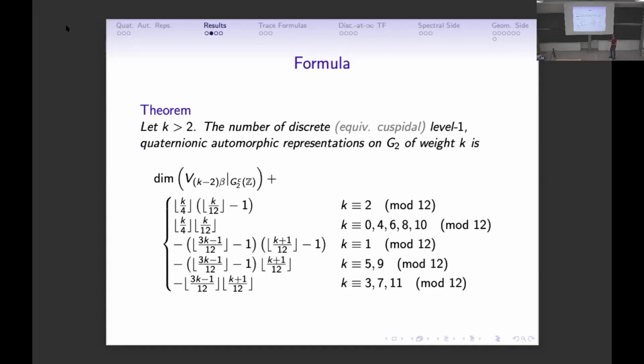So here's the result. Let k be greater than or equal to 2. The number of discrete level 1 quaternionic automorphic representations on G2 of weight k is the dimension of, I guess that should say fixed points instead of restriction, the G2 compact Z fixed points in this finite dimensional representation, plus this correction term over here. So this is a reasonably explicit formula.